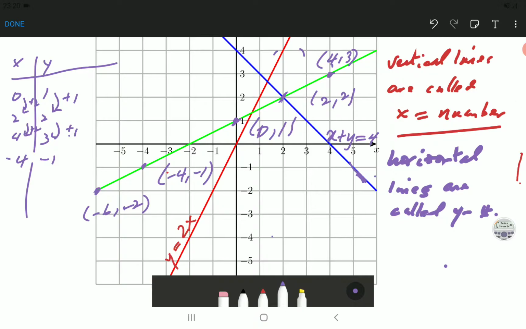So maybe a starting point would be to take the y's and multiply them by 2. Let's see what happens when we do that.